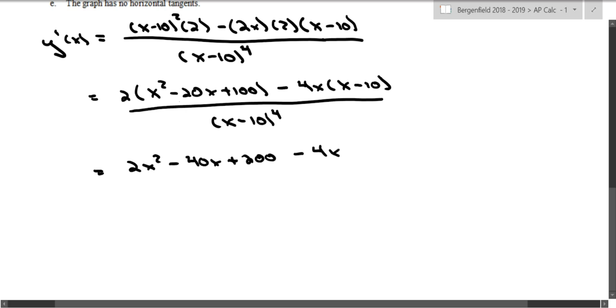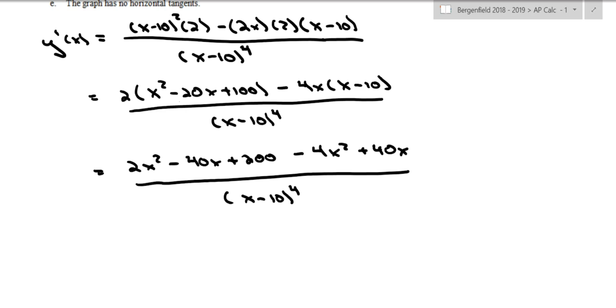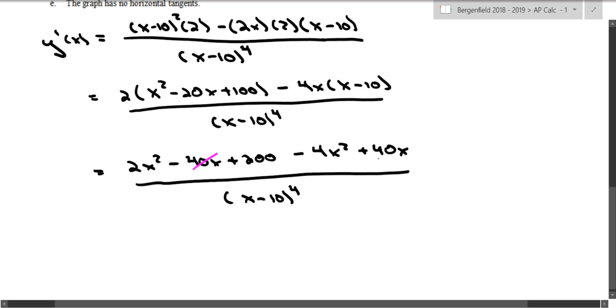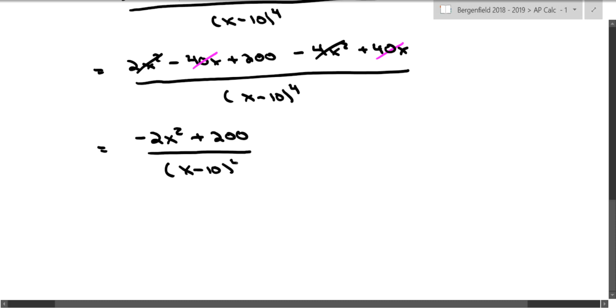I get minus 4x squared plus 40x, all over x minus 10 to the 4th. I can cancel the 40x terms out. And then, combining like terms, that's going to be minus 2x squared plus 200, all over x minus 10 to the 4th.